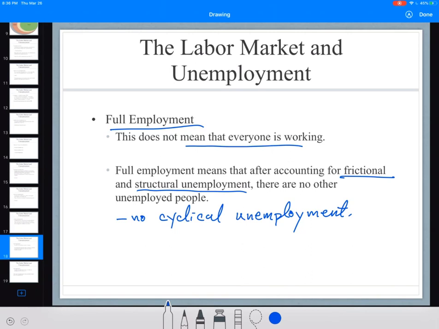So full employment does not mean a 0% unemployment rate. That is not what that means. It means you have some sort of unemployment rate. Like today, we have a 3.5% unemployment rate. Well, as of February, we did.